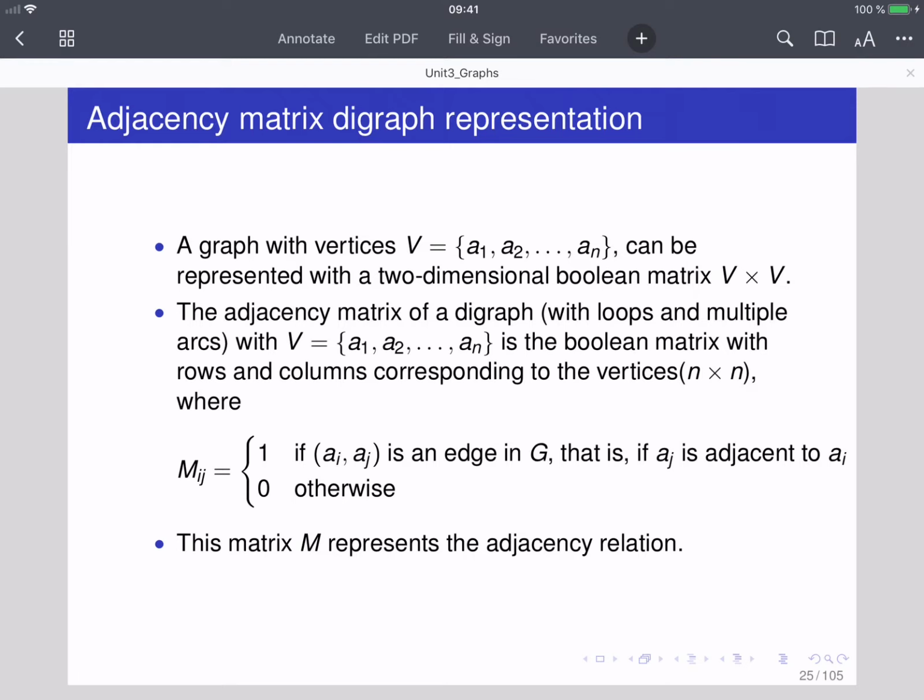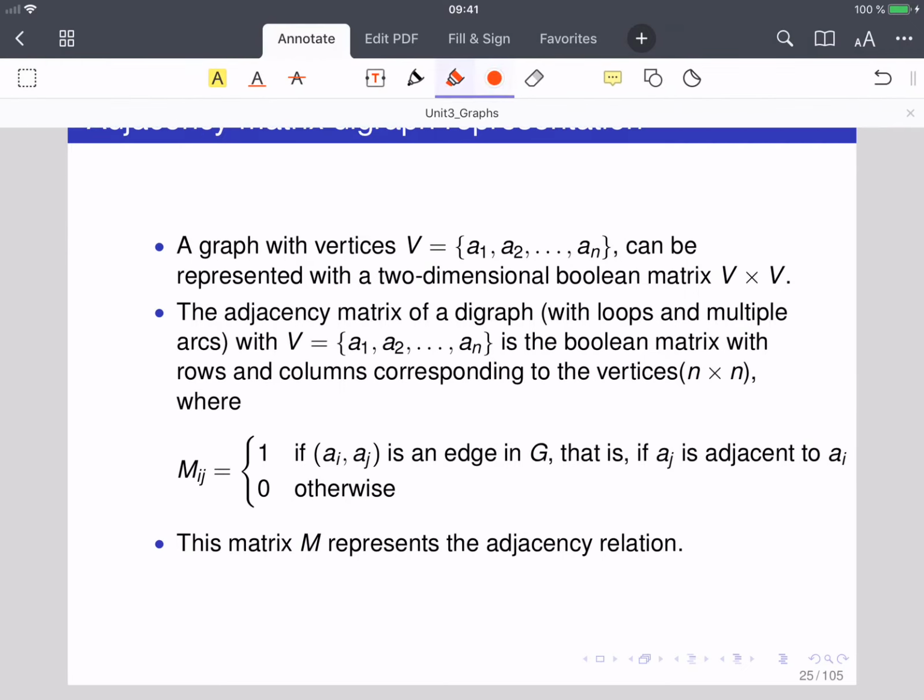Let's start with a graph that is directed, with vertices from 1 to N. So we have N vertices.